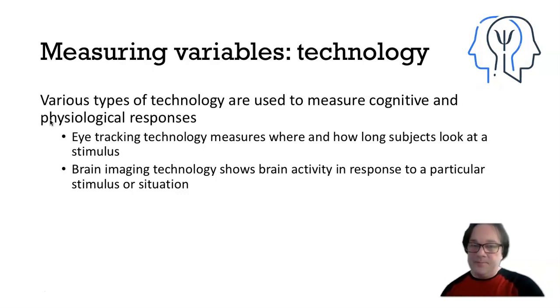Brain imaging technology, that's still outside the budget of SUNY Oneonta. These are millions and millions of dollars. But brain imaging technology, something like positron emission tomography or PET scan or fMRI scan, will allow you to see what parts of the brain are becoming more active during certain events or in response to a particular stimulus or situation.